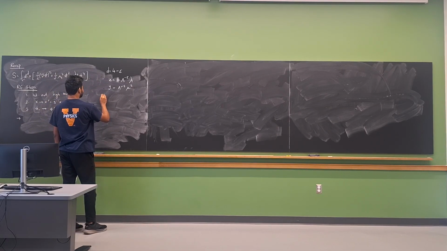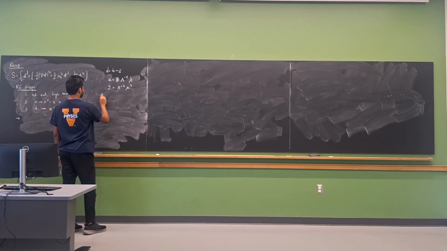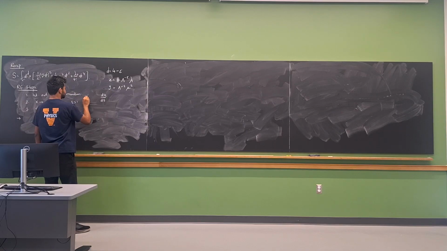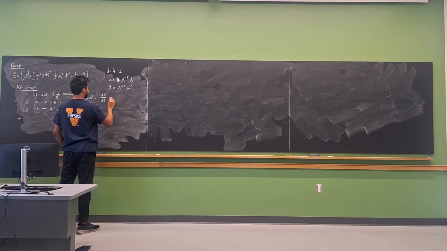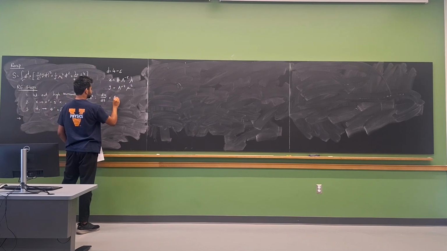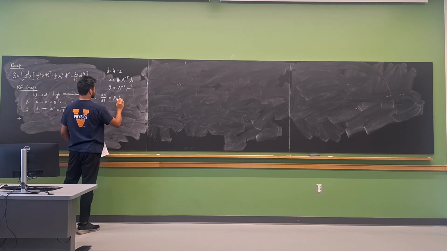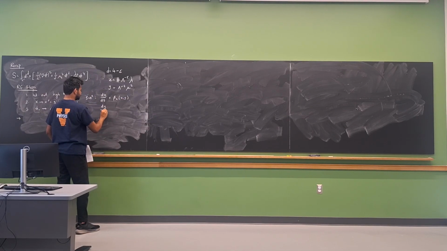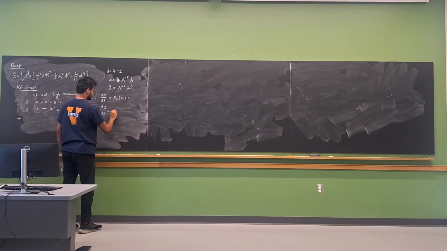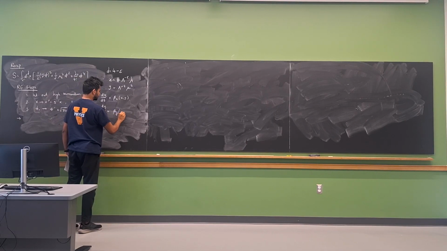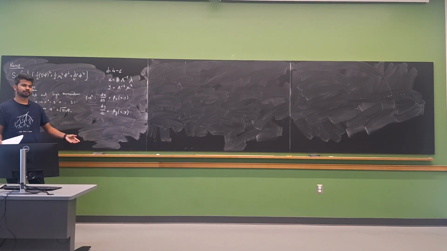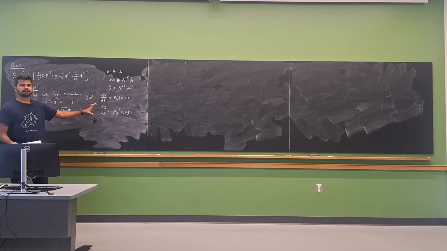So we found that dx by ds, where zeta was e to the s, was some beta x of x and y, and dy by ds was some beta y of x and y. And then we looked for fixed points where the x and y do not change.